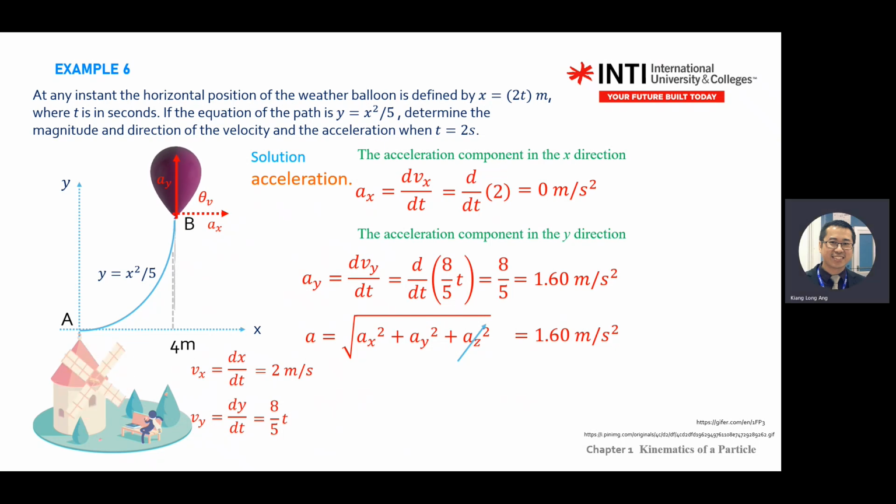I only have y in this case. So no matter how I do my magnitude determination with square plus square, my x is 0, my y has some value, and square root, I still get back the answer, 1.6. Okay, so my resultant acceleration will be going up.